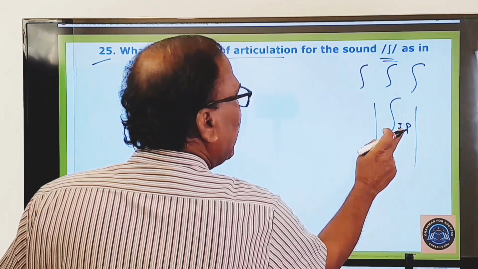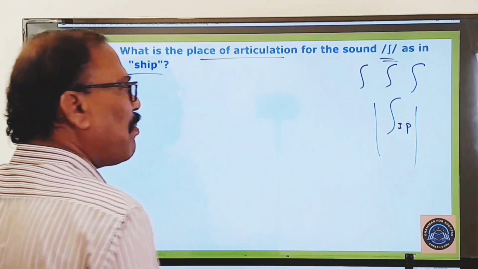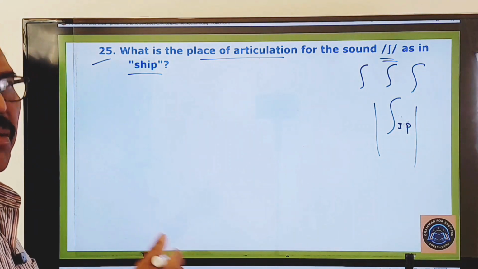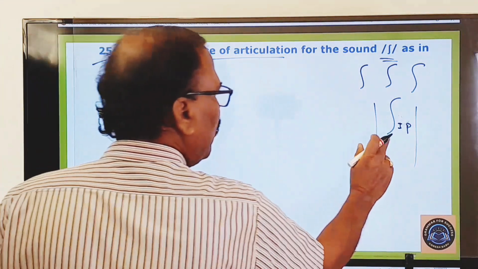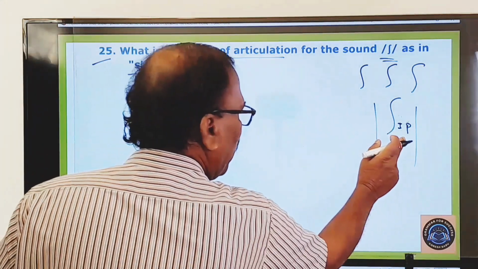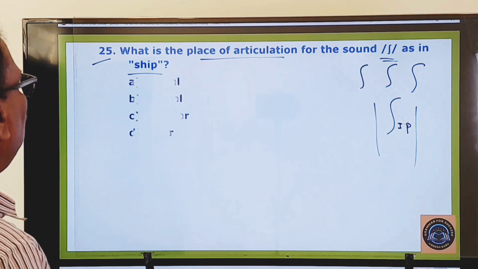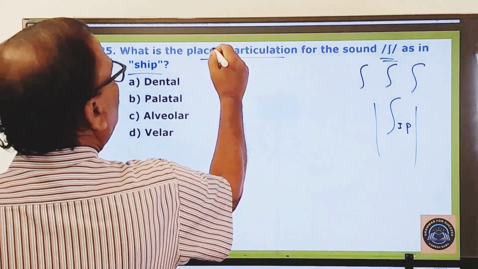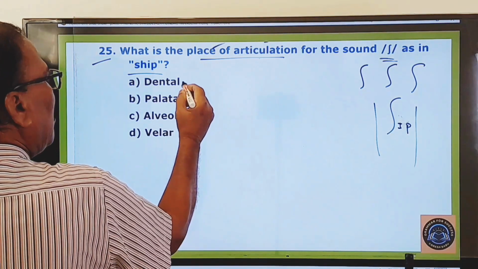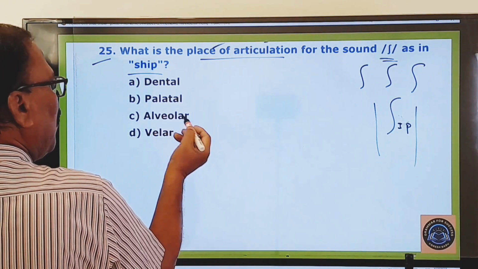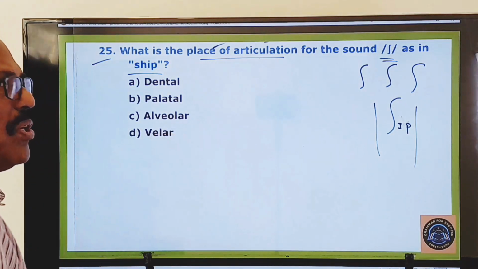Sha plus E, she, P. Ship. You know that very well. This ship is transcribed in this way, phonetic transcription. And here you pay attention. What is the place of articulation of sha? Dental, palatal, alveolar, velar. So you only know that answer.